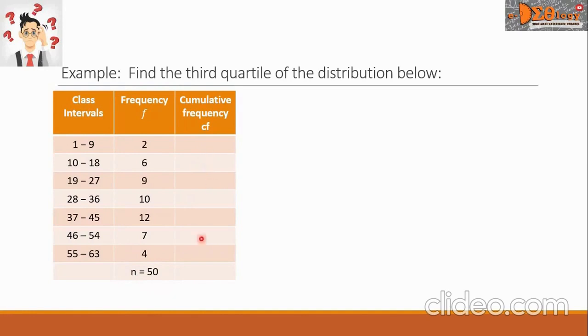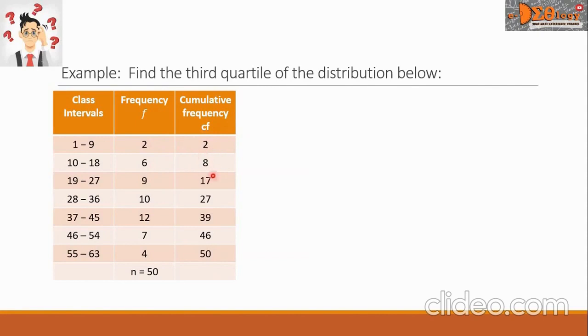Construct another column that is cumulative frequency, denoted by CF. The terms are here. This number 2 is copied from the frequency of the first class. So 2 plus 6 equals 8.